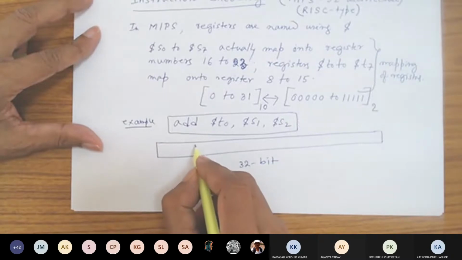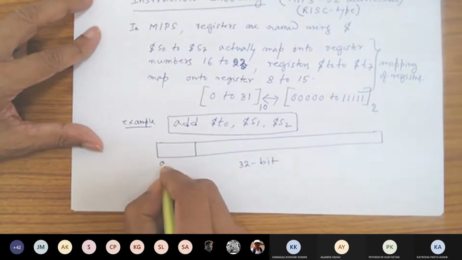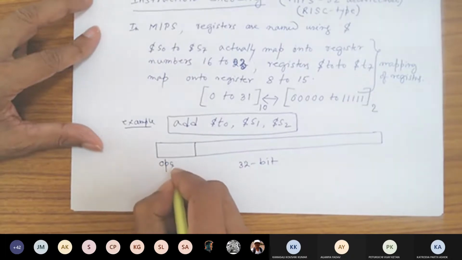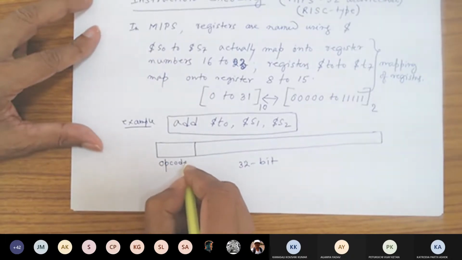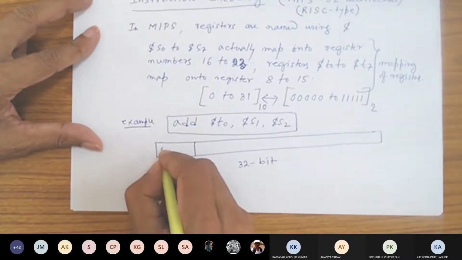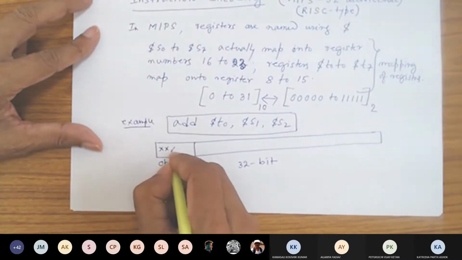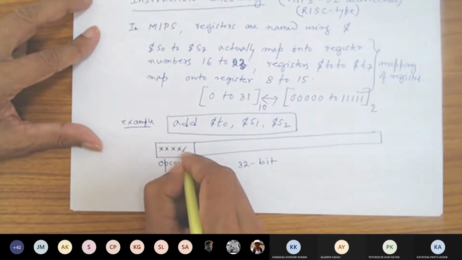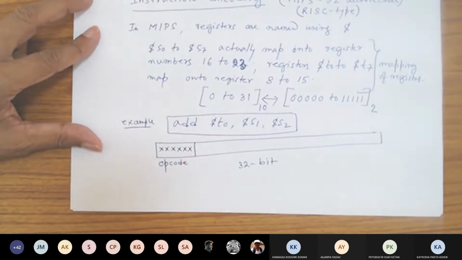And MIPS uses 6 bits for opcode. Six bits. 1, 2, 3, 4, 5, 6. Okay.